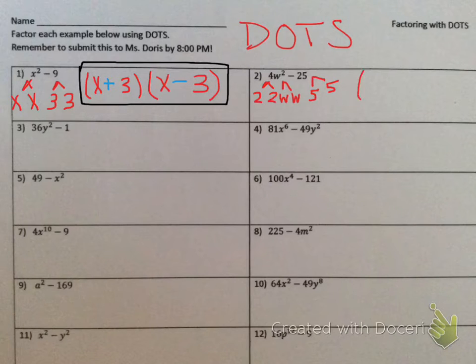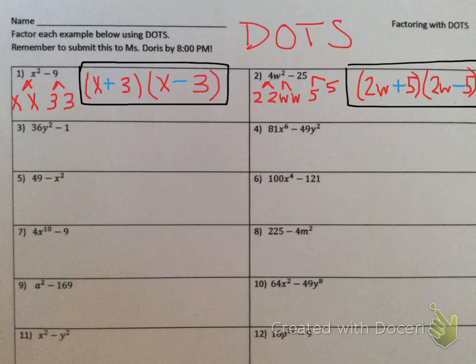So when I break this down into my two factors, my 2 and the w are both in the first spot, so they're going to share that spot together, 2w and 2w. And then the 5 comes last, so the 5 is going to go at the end of both of my parentheses. And then just like the first one, because the only difference here is that one of them gets a plus sign, the other one gets a minus sign. And that's my final answer.